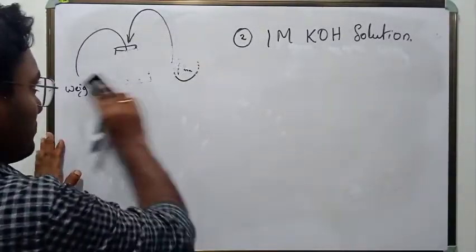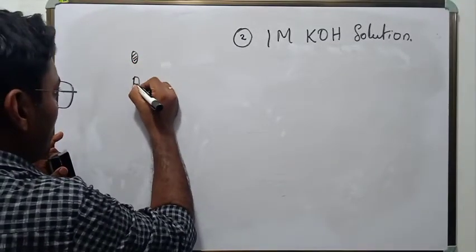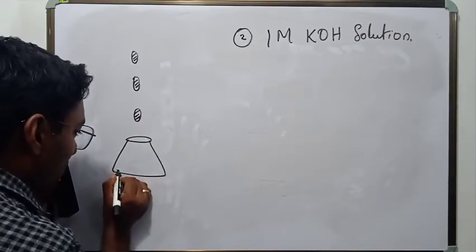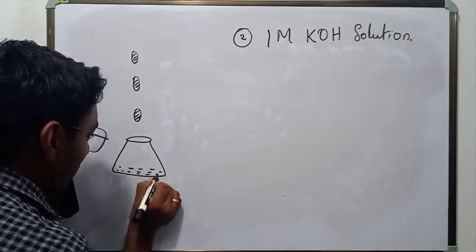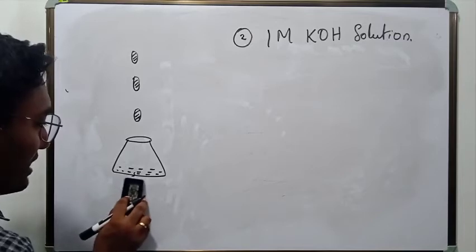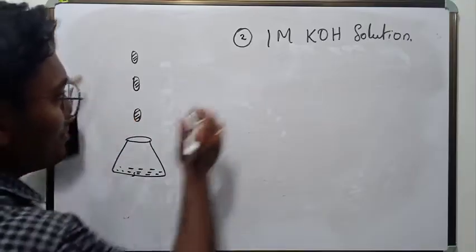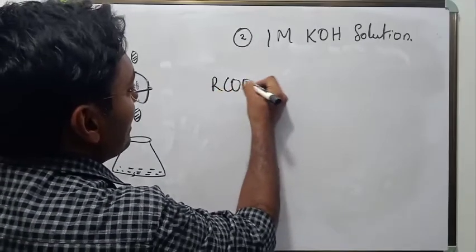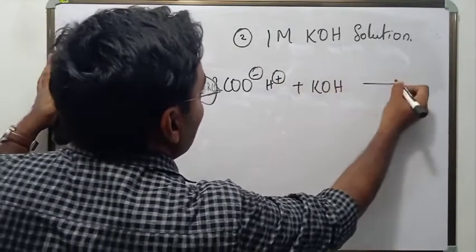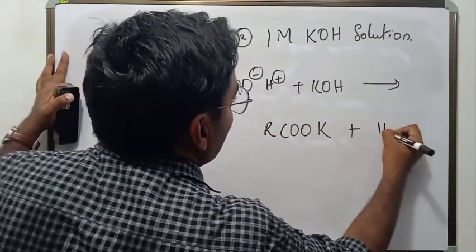Now I have started the titration. Okay, drop by drop my KOH is falling in the conical flask, right? Initially it is acidic, and slowly the free fatty acids here are reacting with KOH that is falling from the burette, and what I get is potassium salt and water.